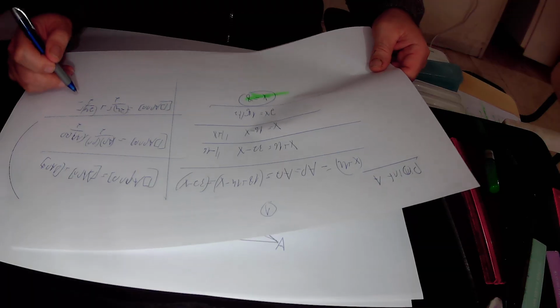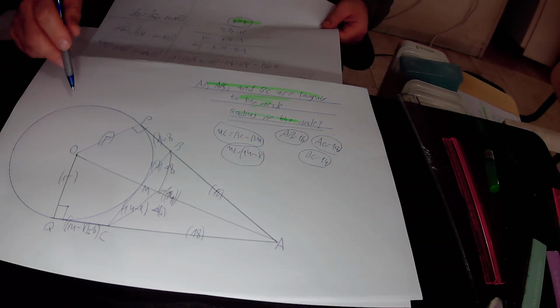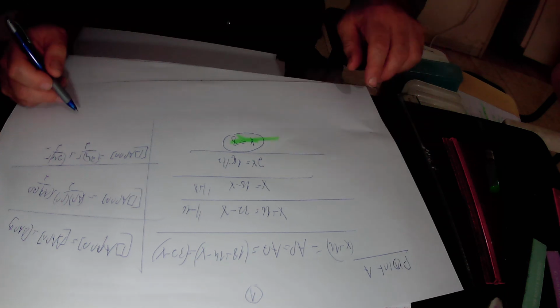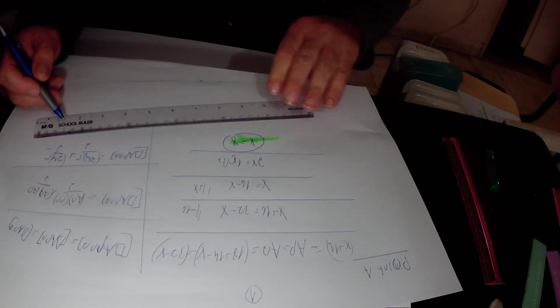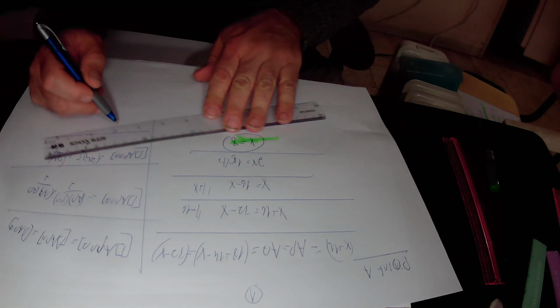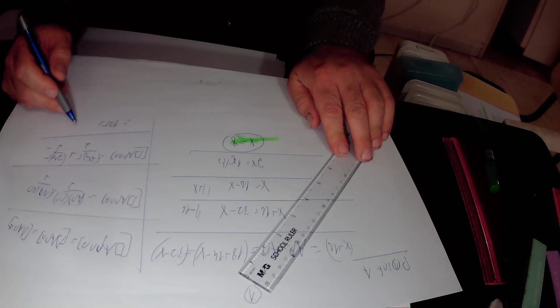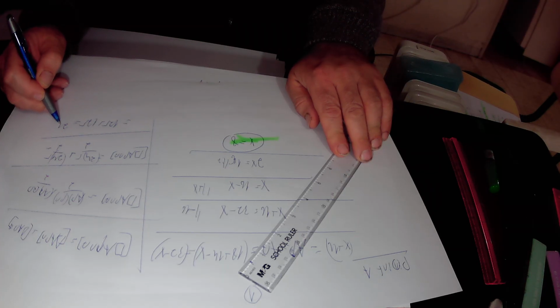So in total we found out that the area of this big quadrilateral APOQ equals 24R over 2 is 12R, plus 24R over 2 is also 12R. 12R plus 12R is 24R square units in its size.